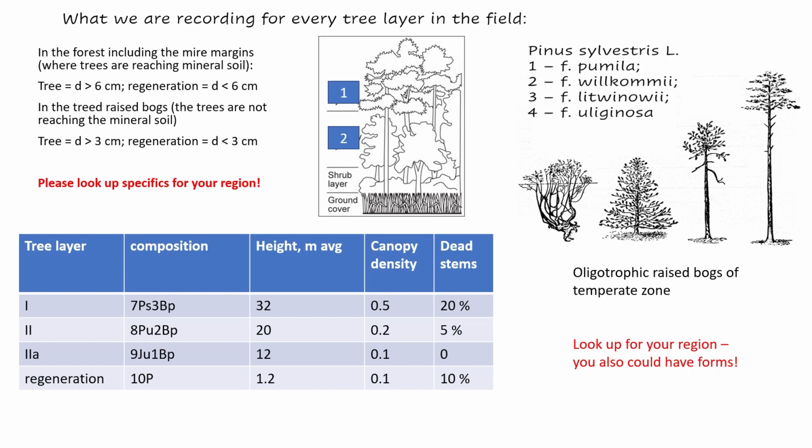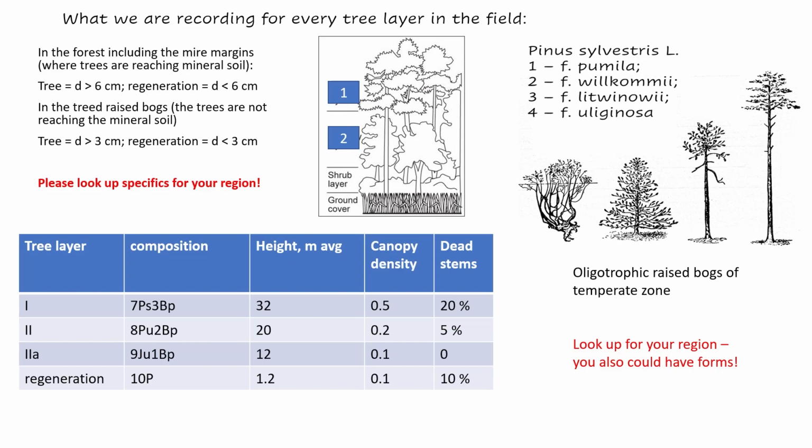Okay, so coming back to the layers. In the picture you see that we have layer 1 of the tree layer and layer 2. And sometimes we have a sublayer to layer 2. The first thing we have to put is the composition. This reflects the percentage of every species, and it is written as a sort of formula.